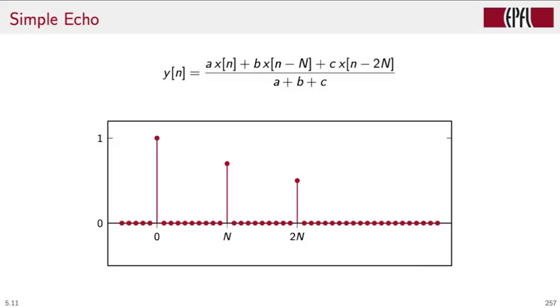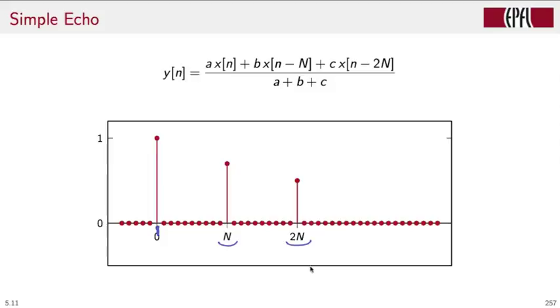So let's look at the simple effects that we can generate with this programming paradigm. An echo is a situation where you have a sound that bounces back and forth between two reflecting surfaces. And a simple simulation is given by the following impulse response. You have the original sound, and then you have a first reflection after n samples, and a second reflection after 2n samples.